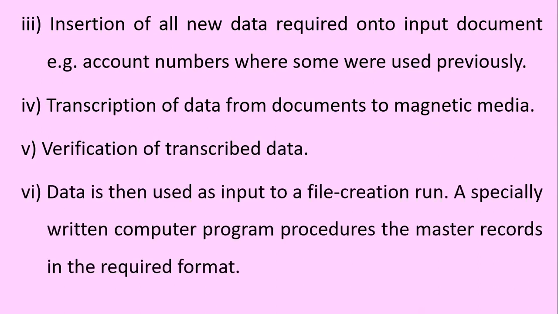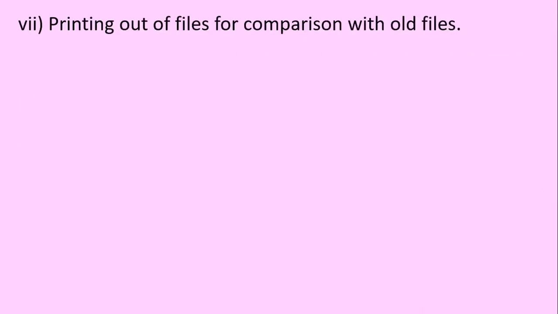Number 6, data is then used as input to a file creation run. A specially written computer program produces the master records in the required format. Number 7 is printing out of files for comparison with the old files.